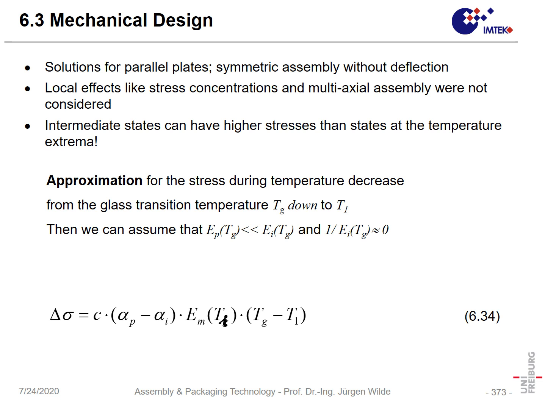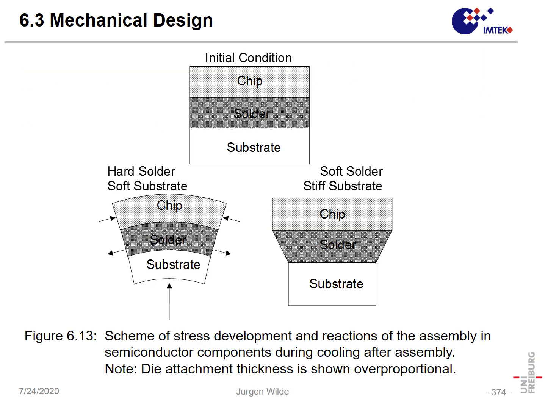And in that way, we can estimate how stresses will be after cooling down from gluing, from soldering, or such other processes. Of course, we must know what is the relevant Young's modulus, because that is not a unique value, but that is dependent on geometry, for instance, on the thicknesses of the different layers which are involved.